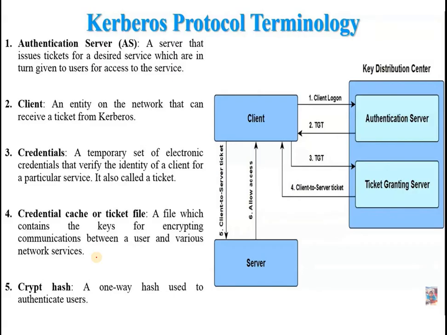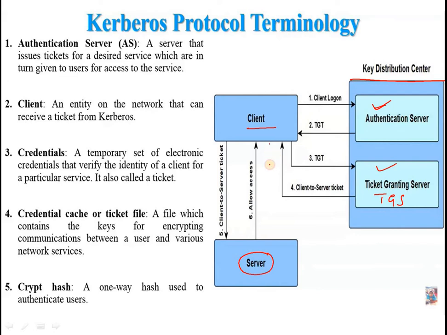There are certain terminologies that we are going to use in the Kerberos protocol. You can see here the client and the key distribution center, which contains two more servers within it. One is the authentication server, and the other is the TGS, the ticket granting server, and this is our server.